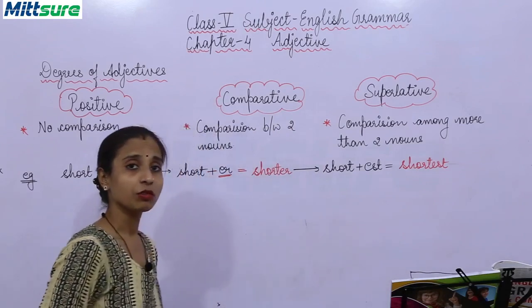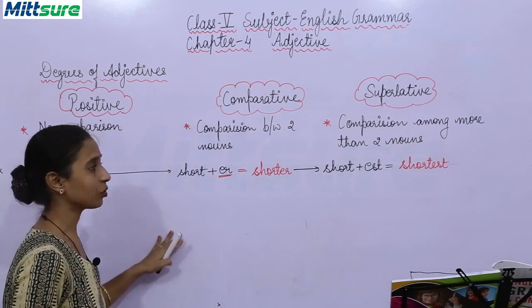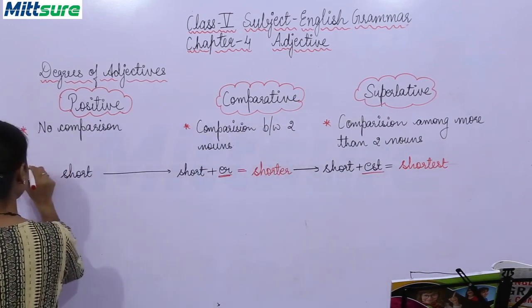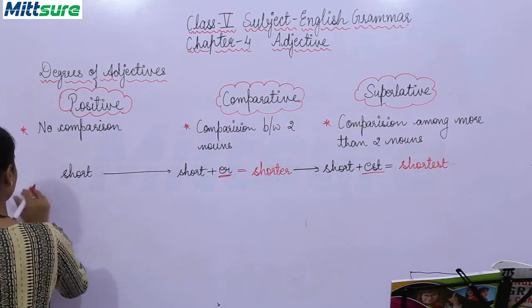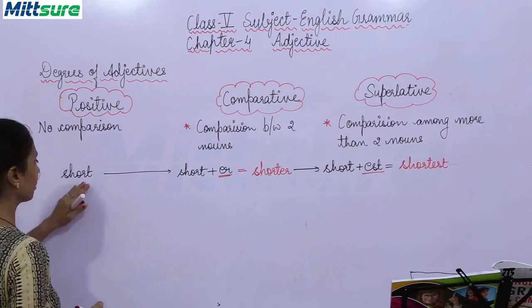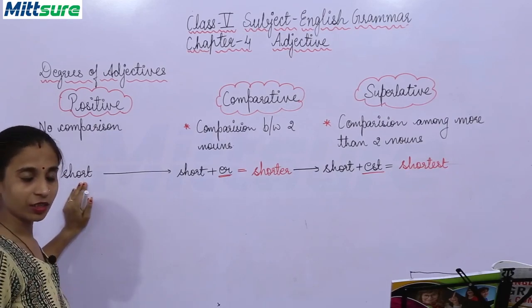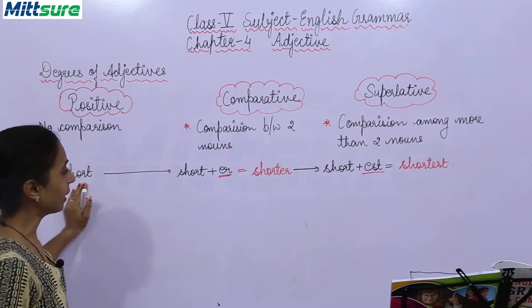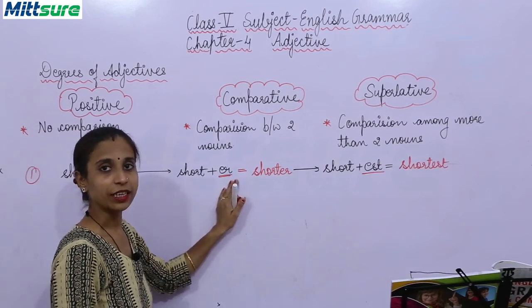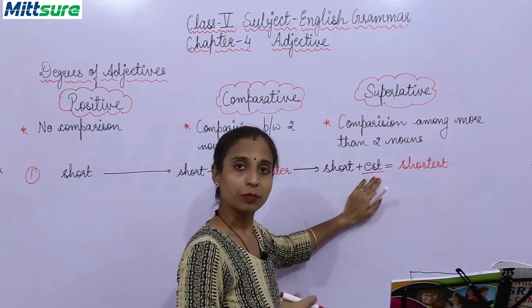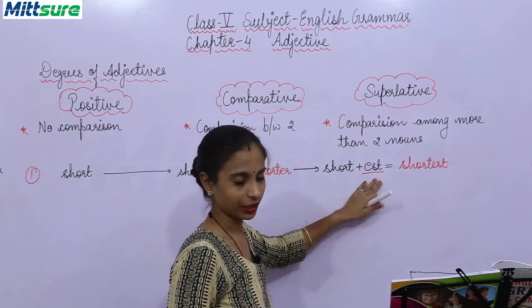So this was the basic rule we use. The first rule: when we are changing from positive degree to comparative degree, we add er in the comparative degree and est in the superlative degree.